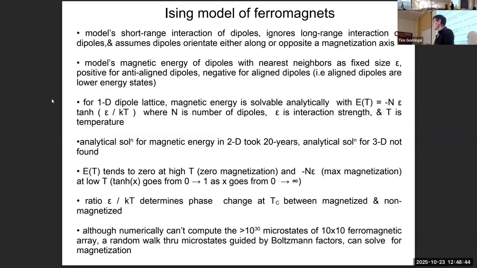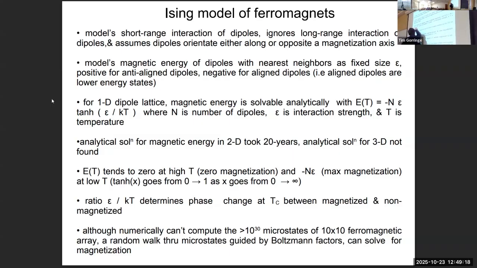That model is analytically solvable, and I wrote the equation down here. The equation for the magnetic energy of that one-dimensional system is this little equation here. It's minus N epsilon. So epsilon's the energy associated with one pair of interactions, N is the number of atoms or dipoles in the system, times this hyperbolic tangent function.